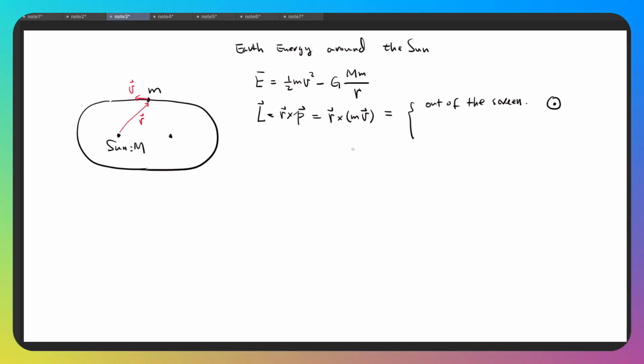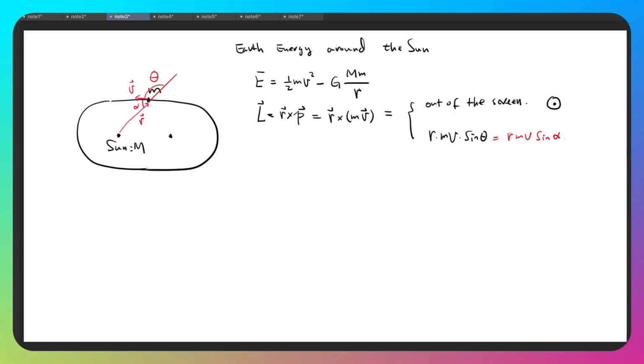Okay, and its magnitude is r mv sine theta. Okay, so theta refers to this angle. That's the theta angle. You can also say this alpha angle. So mv sine alpha. Okay, they're equal.